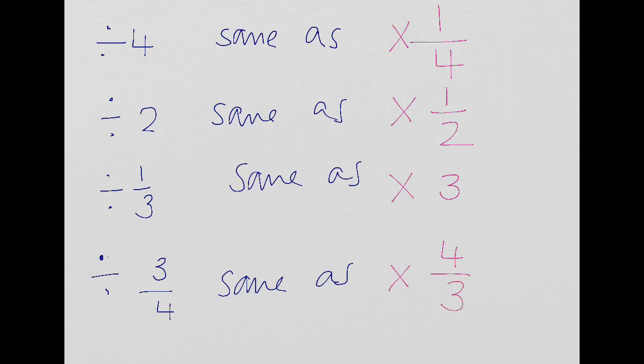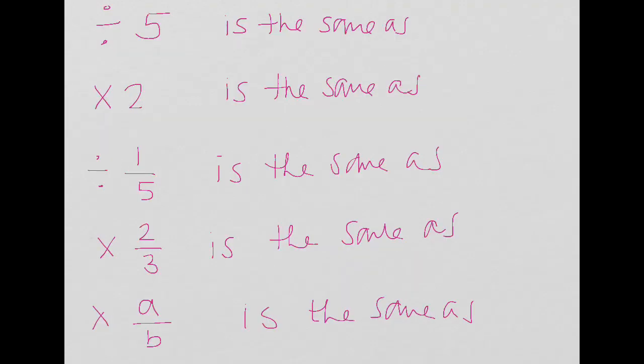Now look at those. Do you understand them all? Are you happy with that? Because the next thing is for you to do some yourself. So here are 5 questions. Notice that sometimes it's a divide and sometimes it's multiply. And what you need to do is to remember what are these the same as.